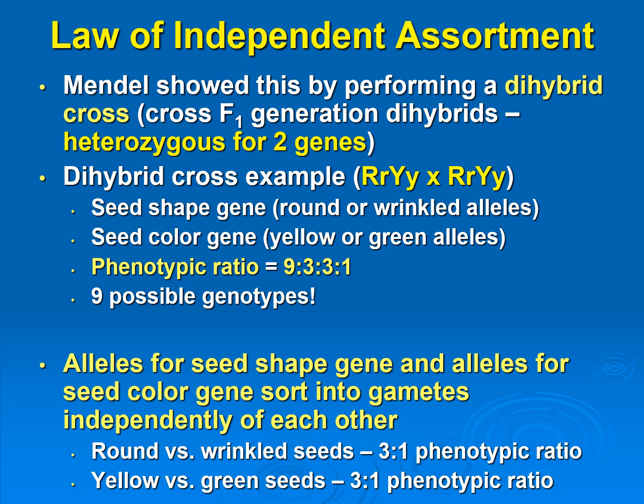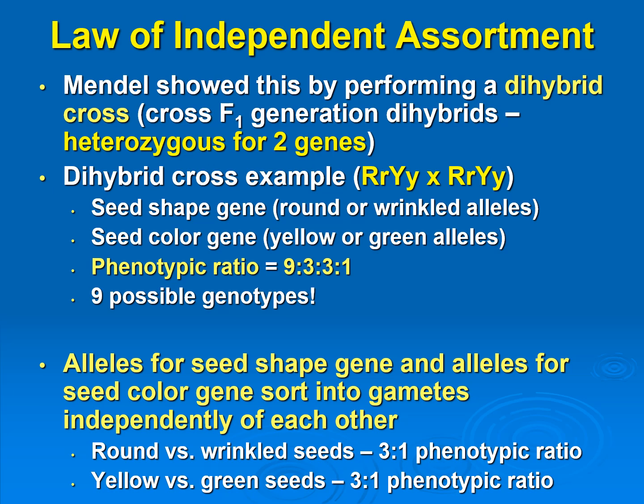And how Mendel figured out this law of independent assortment was he did what's called a dihybrid cross. Di meaning two, and a hybrid is just a heterozygote. So he took a pea plant that was heterozygous for two different genes. He looked at two different traits: seed shape and seed color.